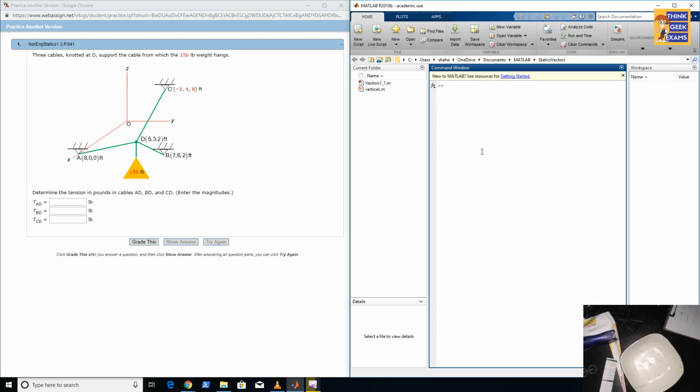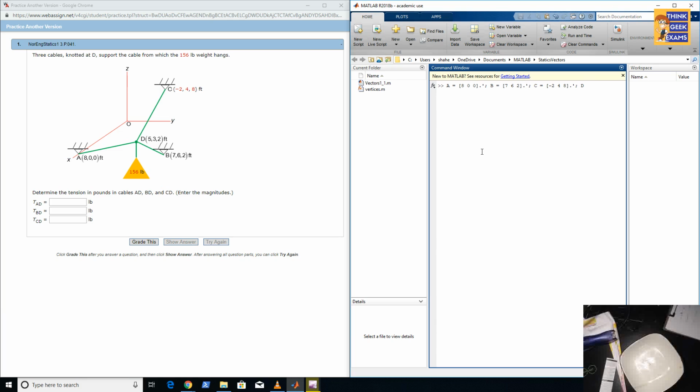So dA, so A is 800 and convert it into columns. B is 762, make it into a column vector, and C is -2, 4, 8, and make that into a column vector.